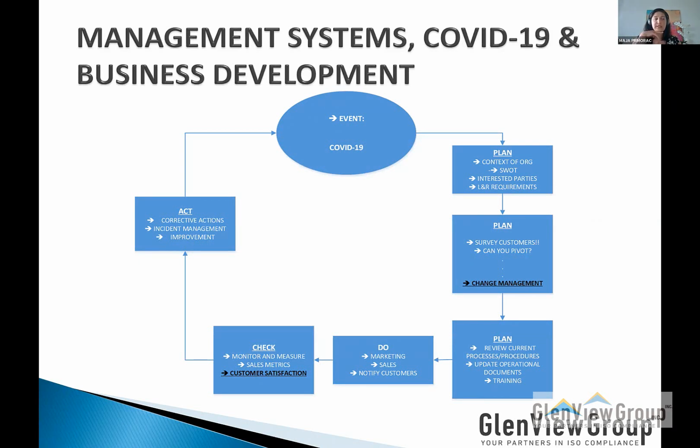We've also seen some of our customers going into assembling ventilators, depending on what your resources are, what your supply chain looks like, maybe you can even pivot to a different industry depending on what is the competency of the personnel that you have within your organization.